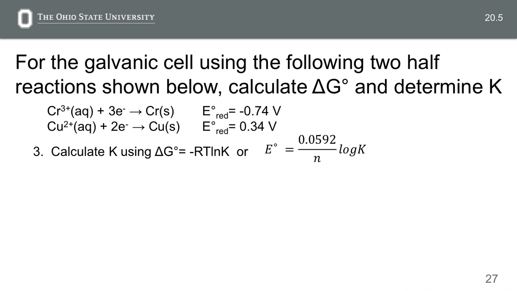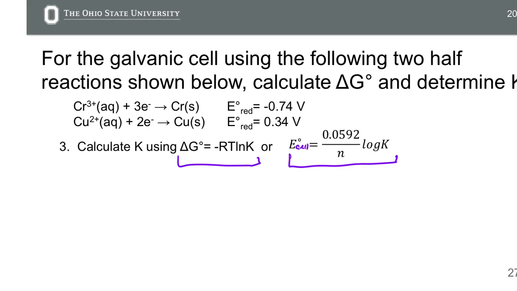Now our last step is to calculate the equilibrium constant K. We can use either equation: delta G equals minus RT natural log of K, or the cell potential equals 0.0592 over n times the log of K. Your choice. I'll write out both.